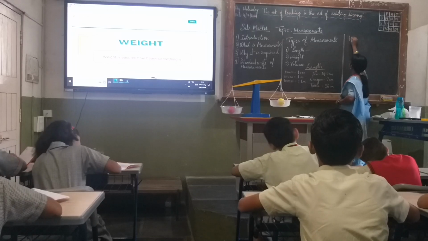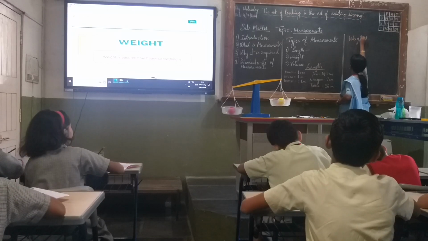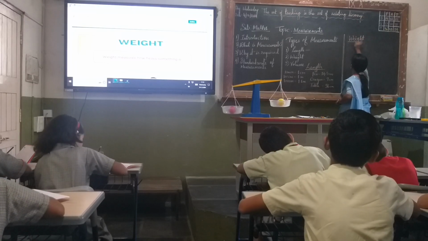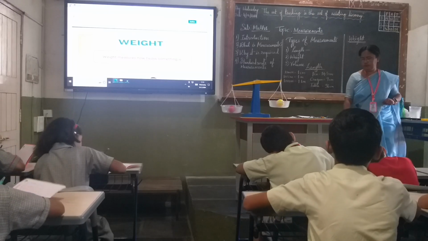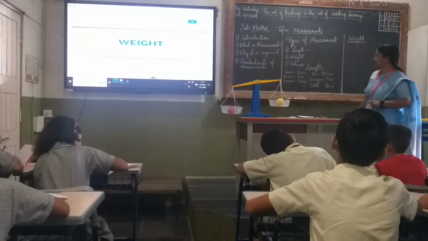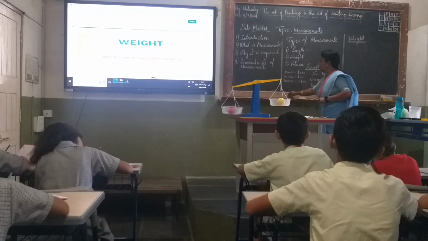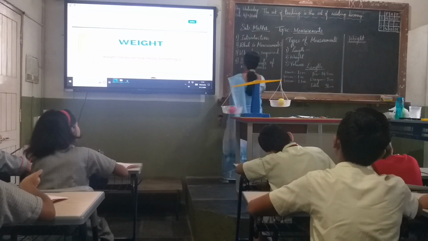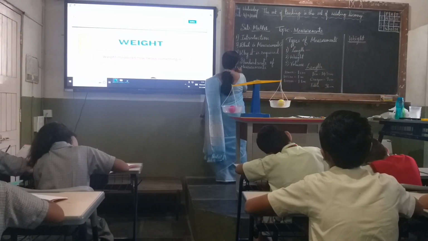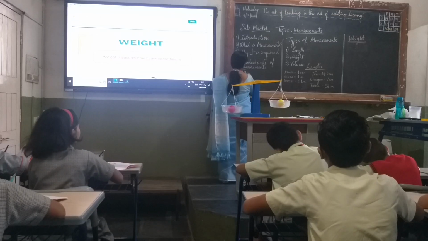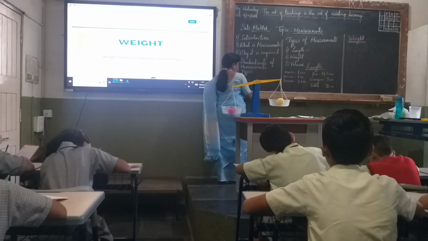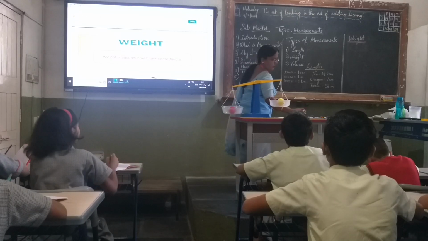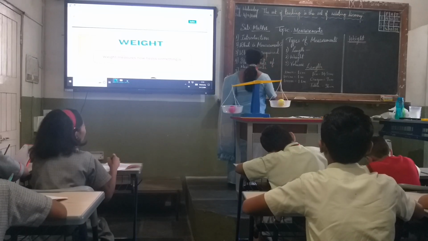Weight. So here we learn standard units of measurements and types, then the tools used and units used.